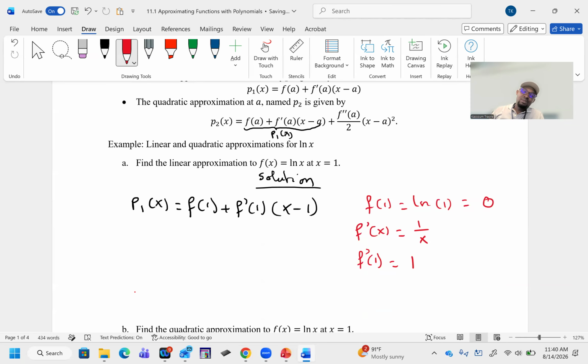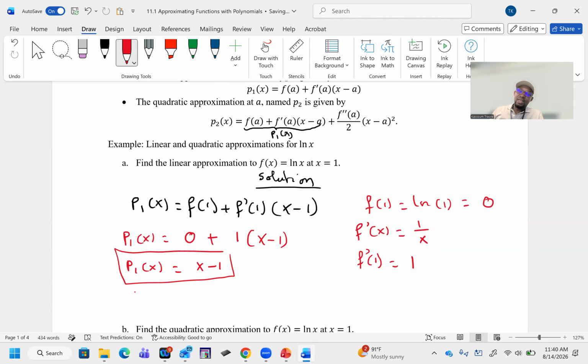Therefore, my P sub 1 of x will be f of 1, which is 0, plus f prime of 1, which is 1, times x minus 1. So that means P sub 1 of x will be x minus 1. Sometimes they will ask you to sketch it; the shape of the graph is just a line.